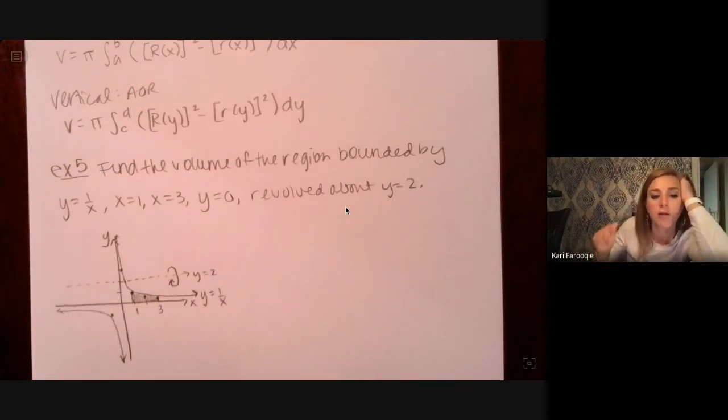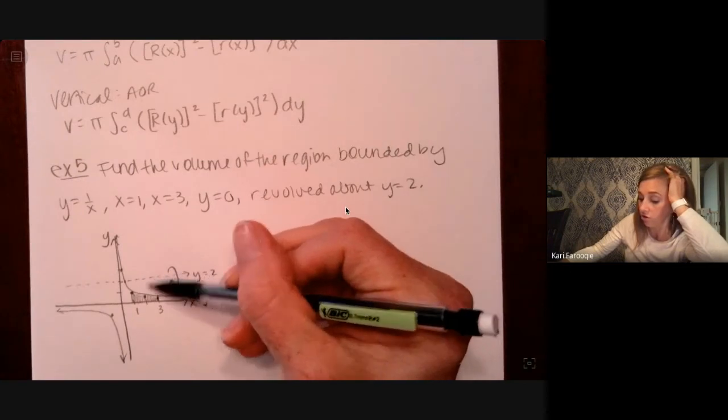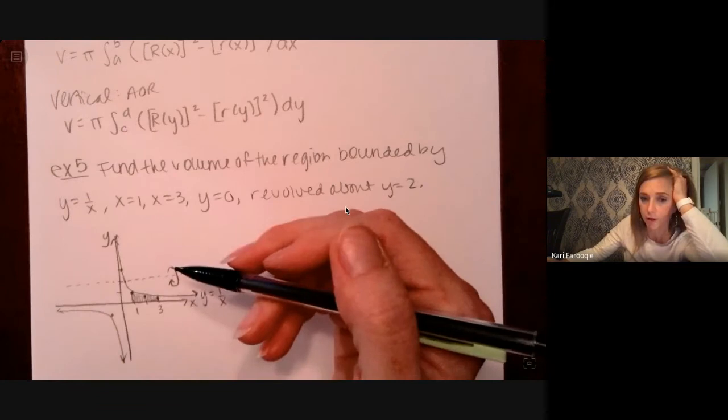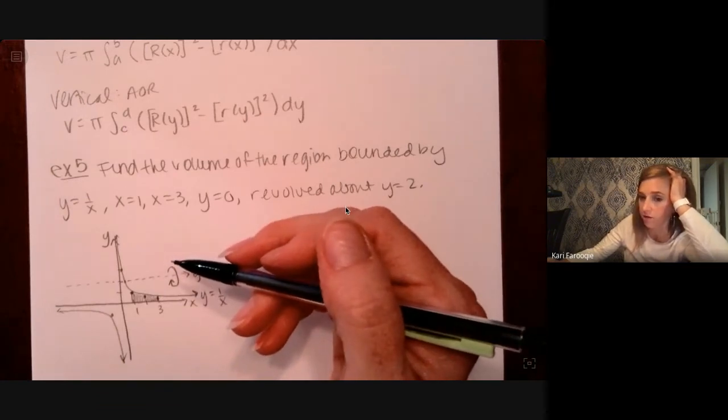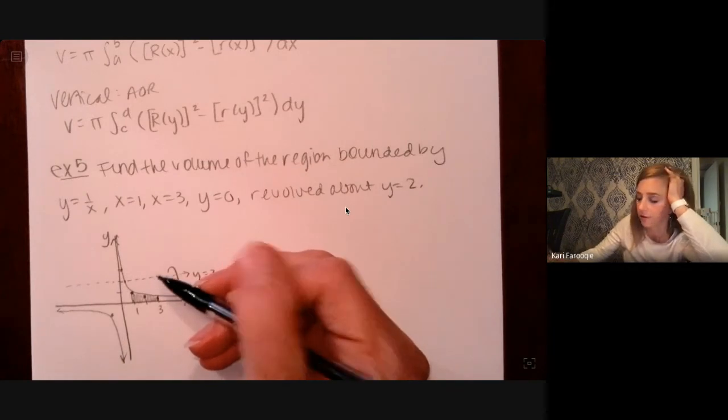Okay, now not only is our figure not flush up against the axis of revolution, it doesn't touch it anywhere. So if your figure is not touching the axis of revolution at all, then it's a washer.